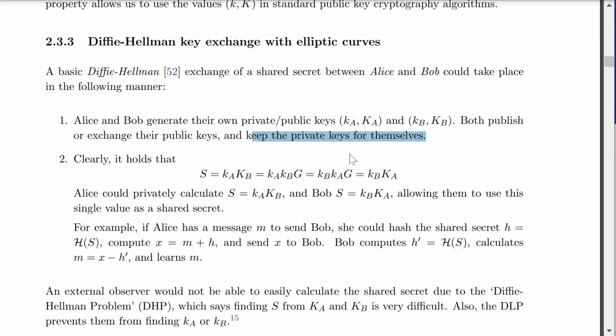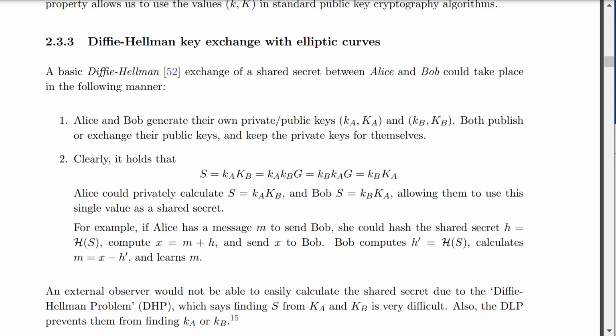This is the standard setup you would expect. Now what's interesting is that Alice can take Bob's public key and her own private key and multiply them together, and she gets the same thing that Bob would get if he takes his private key and multiplies it by Alice's public key.